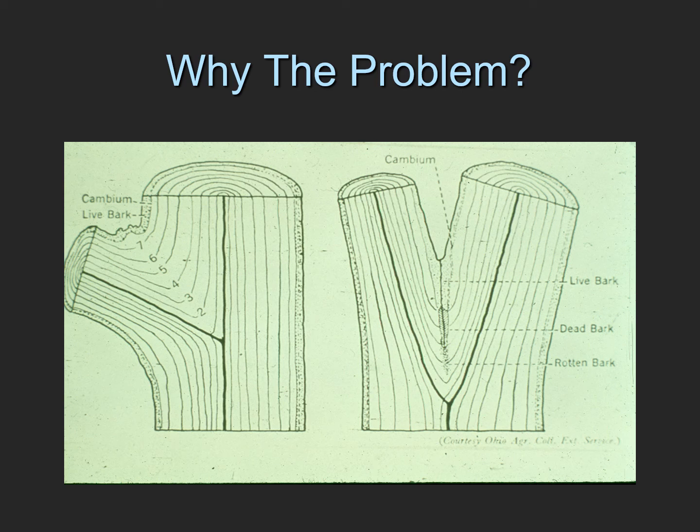And on the right there, it's grown at more of a 45-degree angle, and we've got a lot of live bark, a lot of dead bark and rotten tissue all down in there that is connected, but it's keeping the actual wood from being connected all the way to the trunk of the tree or the main branch, and eventually that just gets weak as that branch grows. It gets heavy and then doesn't have enough wood there to hold the weight of it, and then it breaks off.